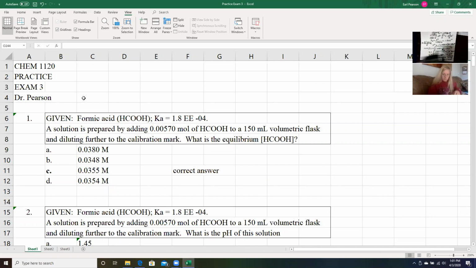So let's do that. 0.038 minus that answer gives me 0.0355. Yes, that's right. It's 0.0355, and that's C on the exam. Okay, all right. And so that's how we do number 1.